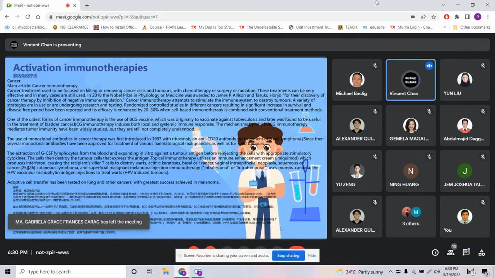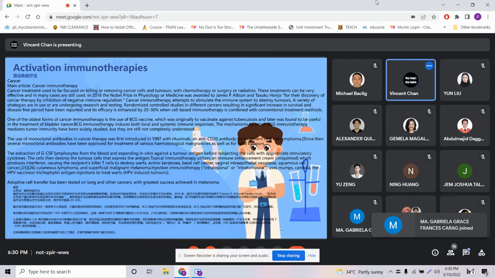Since then, several monoclonal antibodies have been approved for treatment of hematological malignancies as well as for solid tumors.